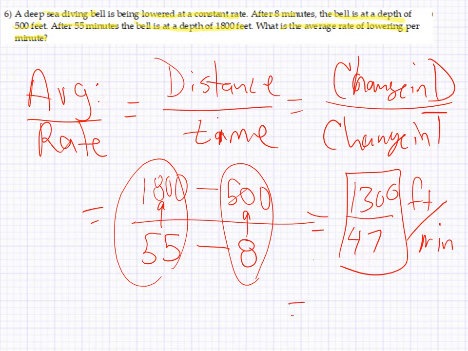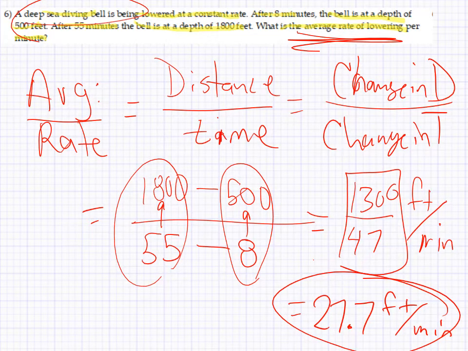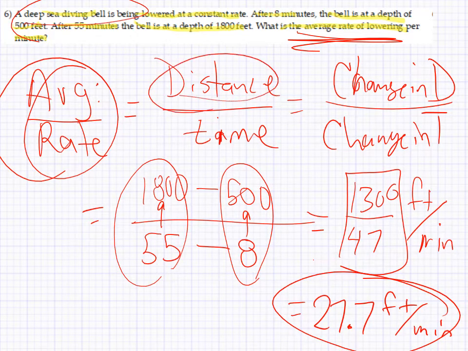So roughly 27.7 feet per minute would be the average rate that they would be lowering this deep sea diving bell. Ultimately, all we're doing here is calculating slope, average rate of change, slope. They're the basic things. Instead of change in distance over time, we think of slope as change in y over change in x. But anytime you're dividing two changing values, it's relatively related to slope.